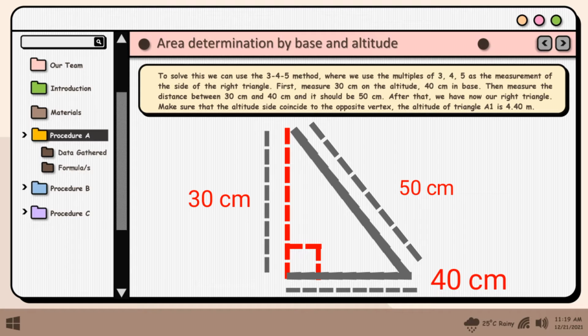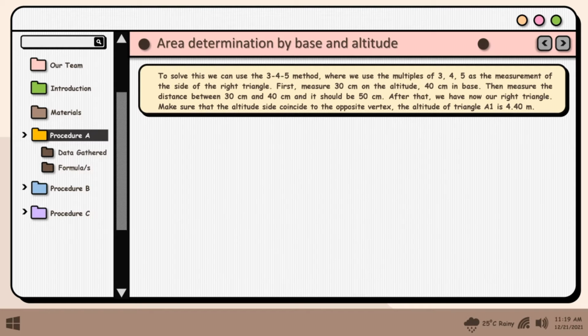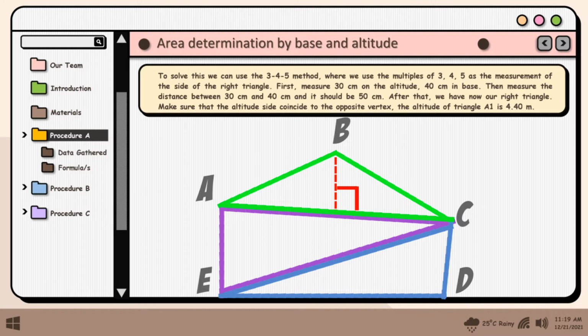If it is not 50 centimeters, adjust the position of the altitude until getting 50 centimeters. After that, we now have a right triangle. Make sure that the altitude side coincides with the opposite vertex. The altitude of triangle A1 is 4.4 meters.